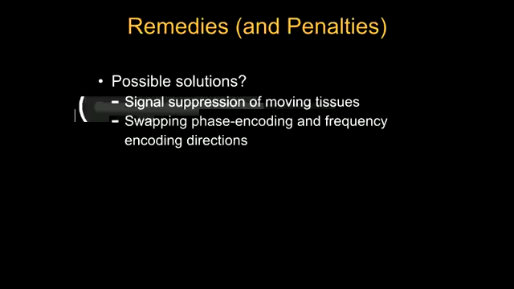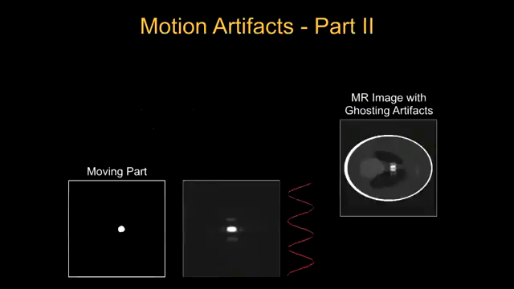Either you can suppress that specific location by applying a spatial saturation pulse sequence, or just swap the phase encoding and frequency encoding direction. In many practical situations, just swapping the phase encoding and frequency encoding direction happens a lot because it's an easy solution. What's happening is that this whole line is messed up, but if you just rotate it, sometimes it's okay.